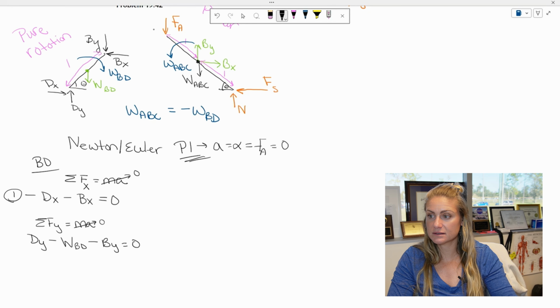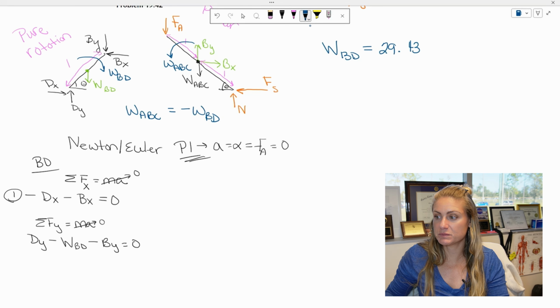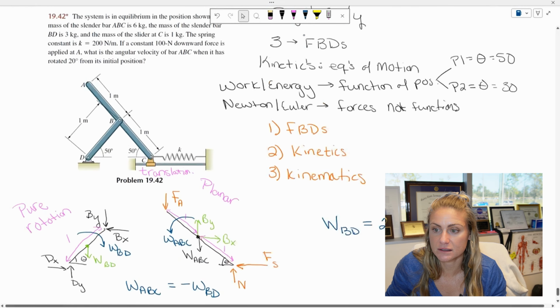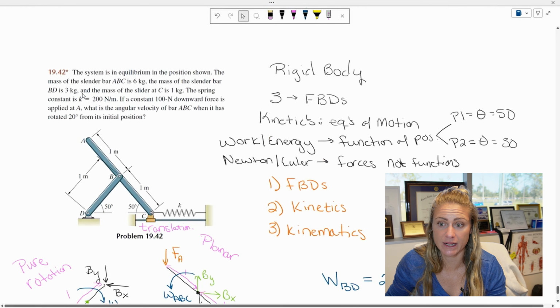My weight, why don't we go ahead and calculate the weight of BD. It is going to equal mass times gravity, which is 29.43. And that's just because they had given us a mass of 3, so I did 3 times 9.81.